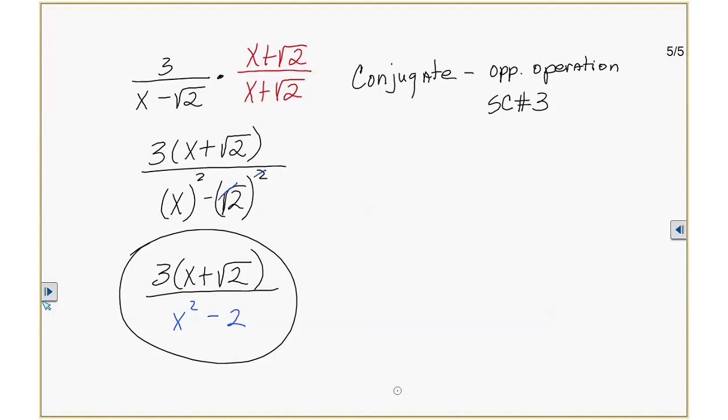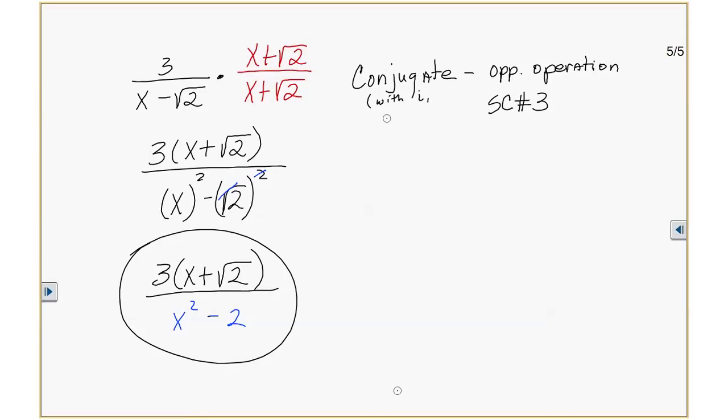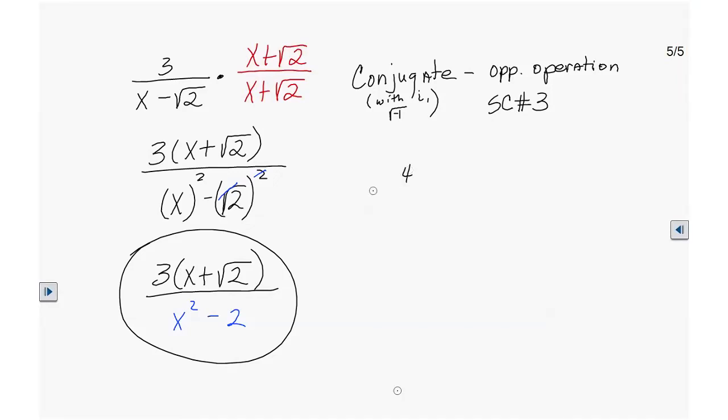Now, this is also used with i, because i is the square root of negative 1. So you're given this one, and I'll let y'all do this one: 4 over i plus 3.